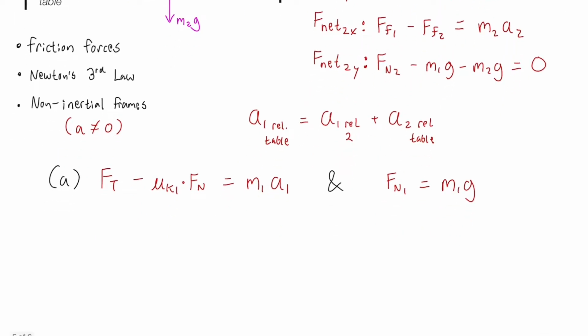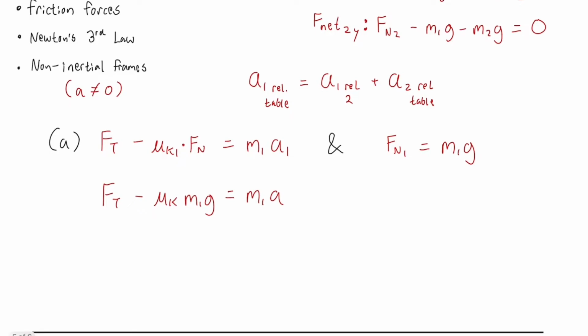So then we can go back and actually solve for that acceleration. We have A1, and we'll rewrite it and then solve for A1. So that's still the tension force, just a number, and then mu k. Now I'm going to replace the normal force with what we know to be m1g, and then we have m1a.